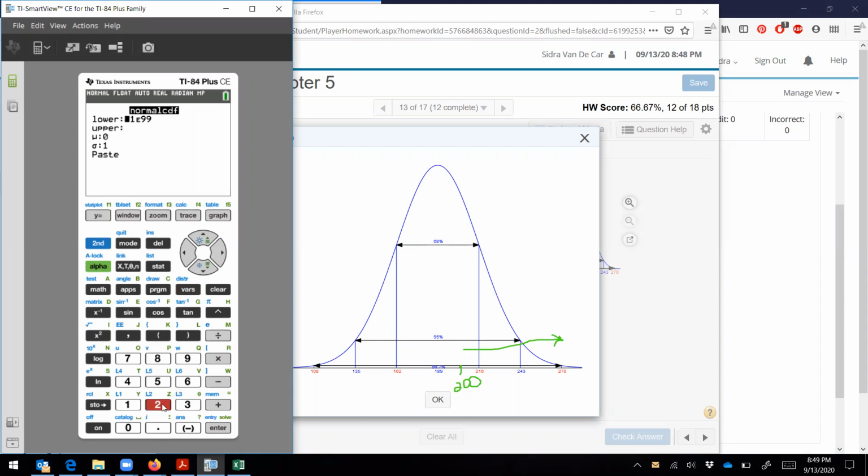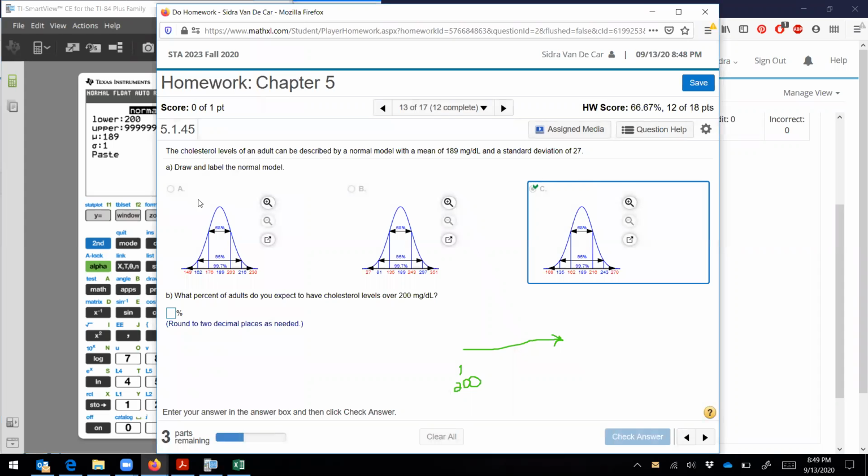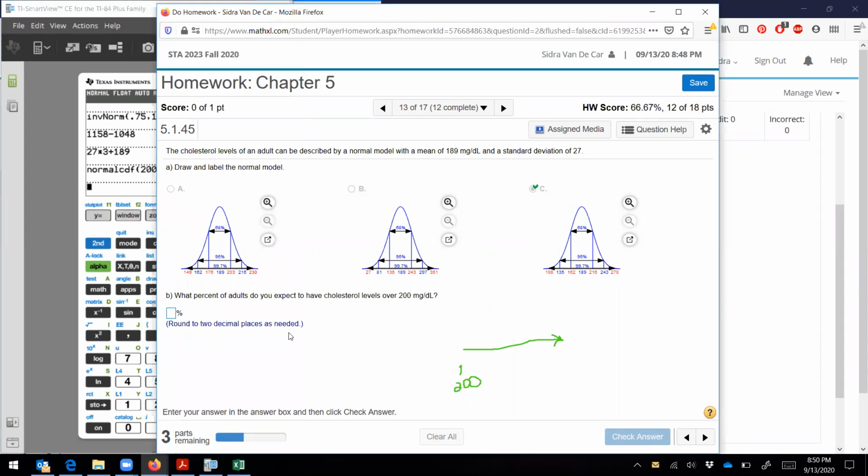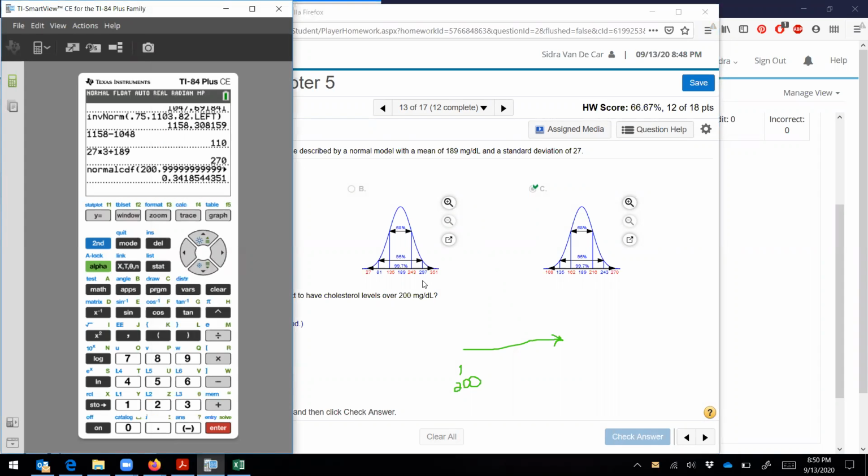My lower is the 200. The upper is going to be infinity. My mean is 189. And my standard deviation was 27. And we get 34.2%, 34.19%.